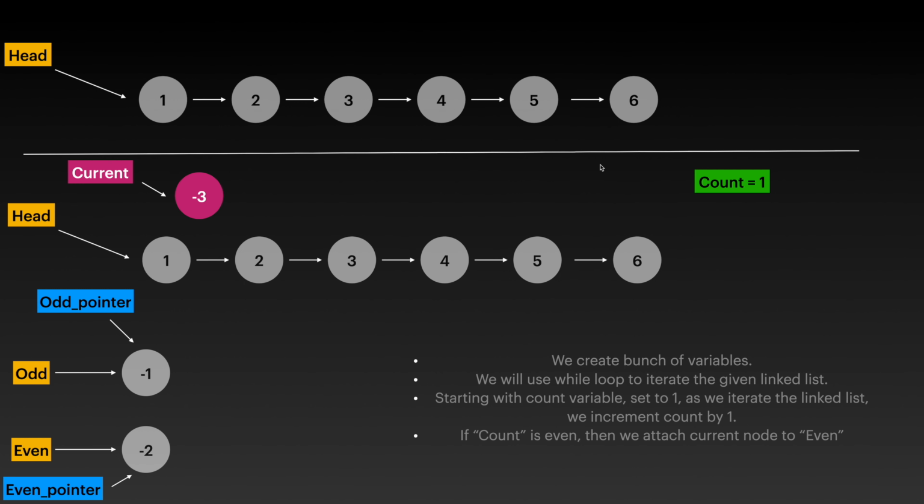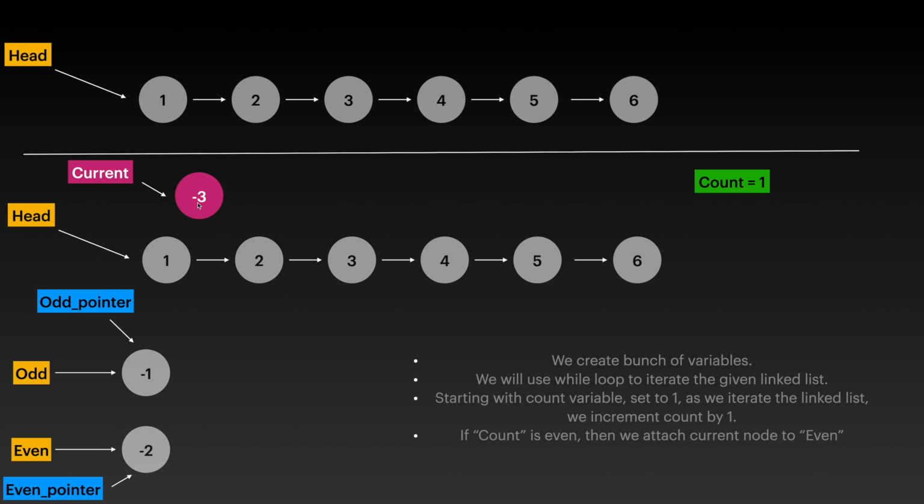For this kind of problem, I would create a few variables. The way I did this is I tried with a very small sample size. Initially I did 1 2 and 3, and tried to see how I can move this around. So we create a few variables.